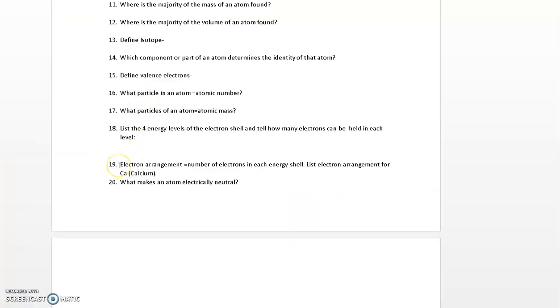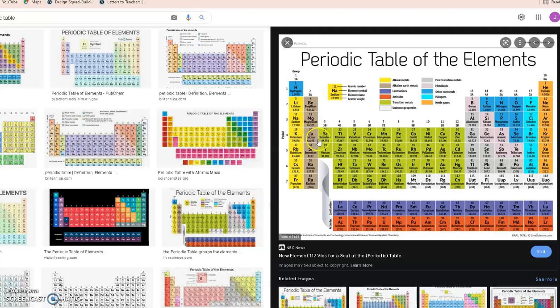Number 19. The electron arrangement is equal to the number of electrons in each energy shell. List the electron arrangement for calcium. So, when I look at calcium on the periodic table, it is in period 4. That means it has 4 electron shells.